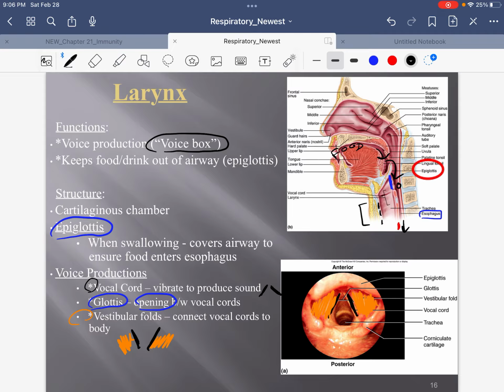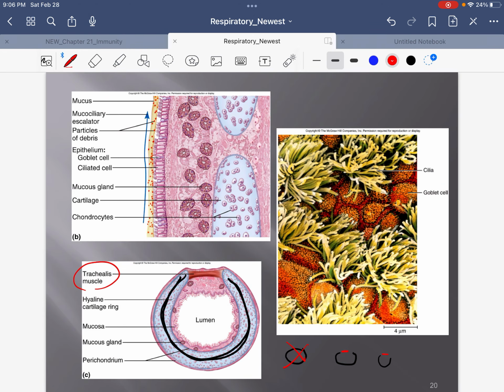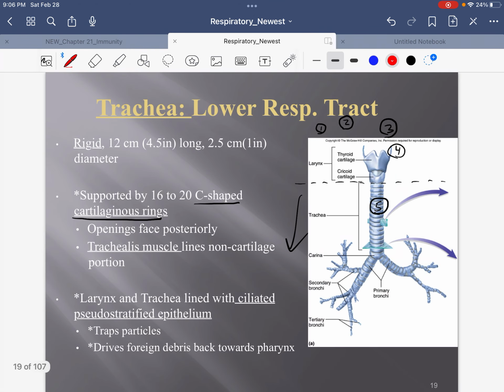We chew it a little bit, but we swallow big chunks of food. So if I swallow something that's a little bit bigger, the esophagus can expand, and the smooth muscle in the back of the trachea can kind of come in a little bit, just for those moments when you swallow. The important thing that we want to know is the trachea has C-shaped cartilage rings covering it, and lining the back is the trachealis muscle.